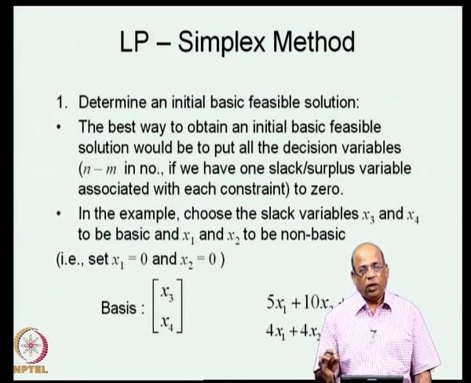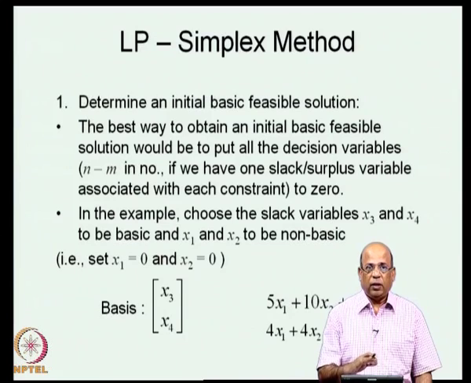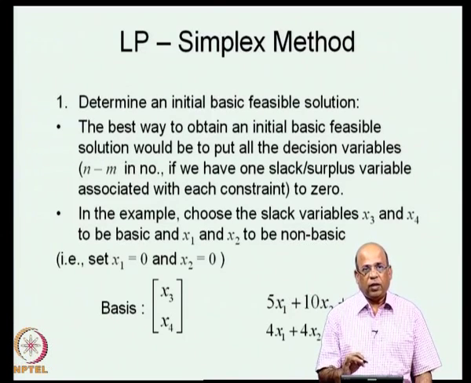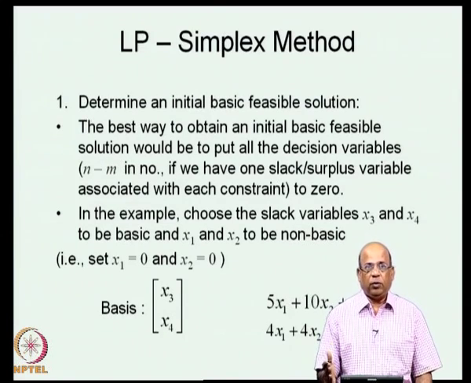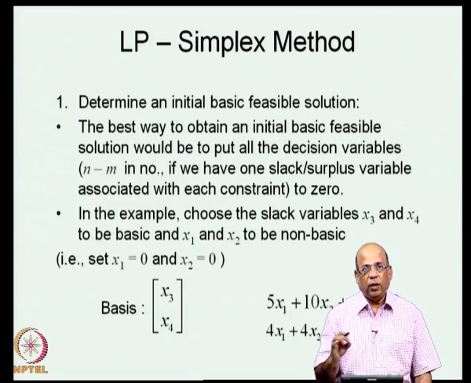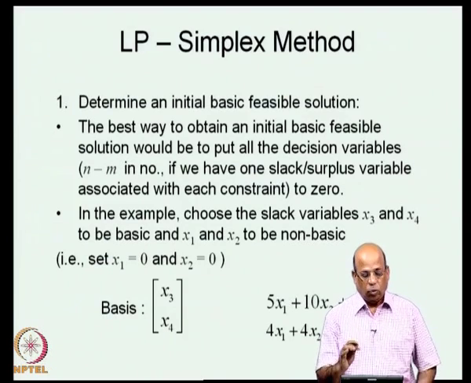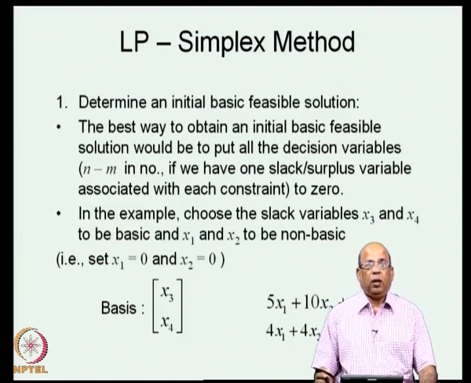The solution has to be basic, which means that in this particular case you will set two variables to 0 and obtain the solution for the remaining two. Such a solution must also be feasible in the sense that it should be one of the corner points. So, for a basic feasible solution, you choose one of the corner points.